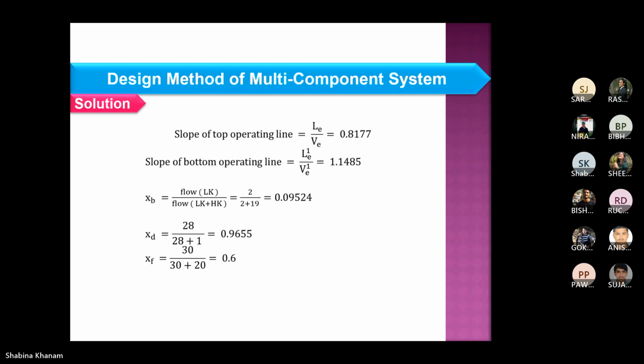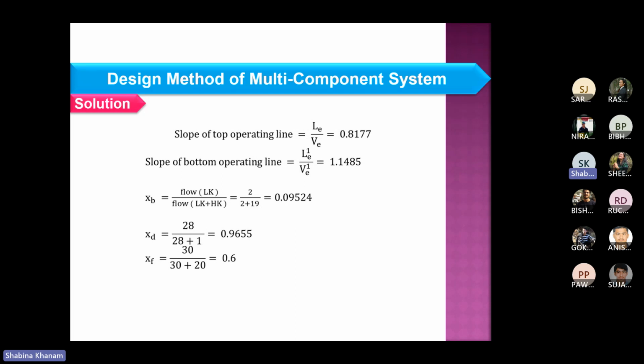Okay, so in this way you can find out all the necessary information required to carry out the McCabe-Thiele method. So from here onward you can have the McCabe-Thiele method, and after drawing the steps you can find out the number of trays.